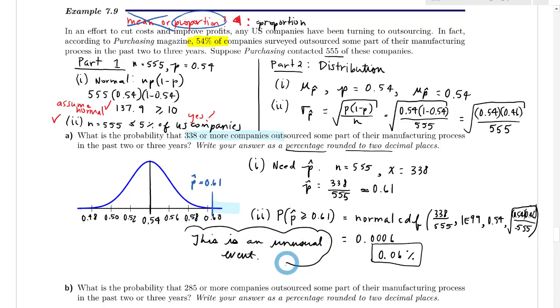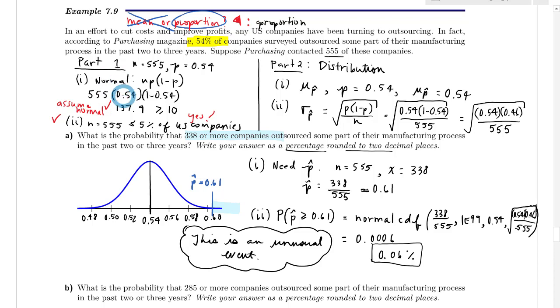Just kind of for thinking purposes. So for 338 or more companies to outsource their manufacturing process, if that's unusual, then most likely US companies aren't really doing it, especially since we know that we have an approximately normal population.